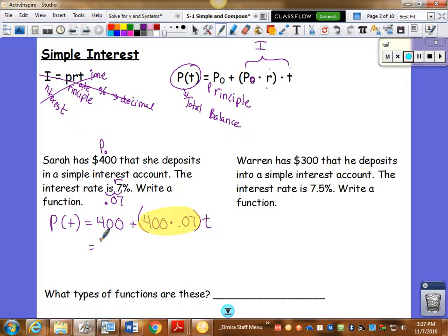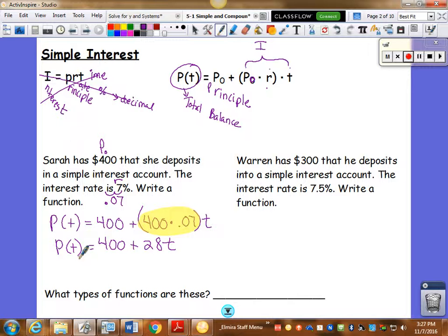So it's going to be 400 plus, let's see, 400 times 0.07 is 28, and then bring down the t. So P of t equals her $400 initial investment plus 28t.